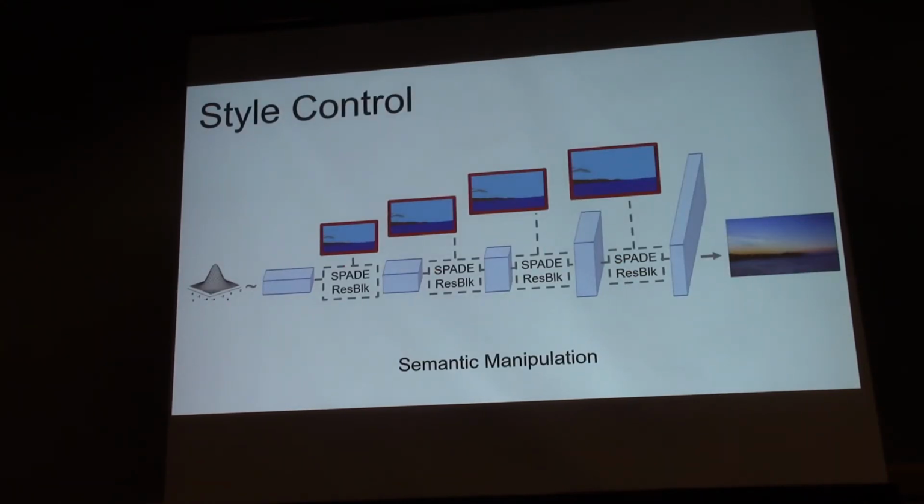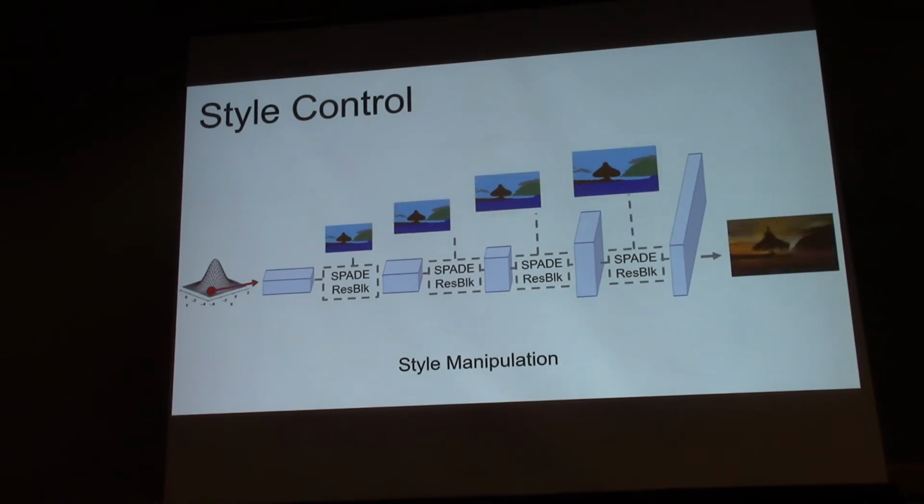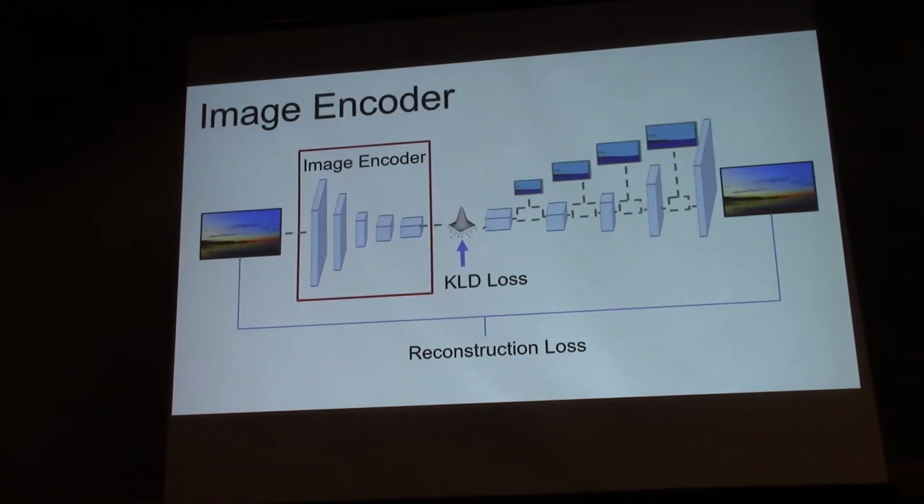We also have nice separation of semantic and style control. Changing the semantic map will allow us to change the semantics of the generated image. Changing the random vector in the latent space will allow us to change the style of the generated image. But we found that naively doing this does not result in different styles of the image.